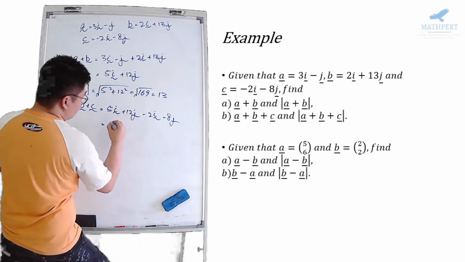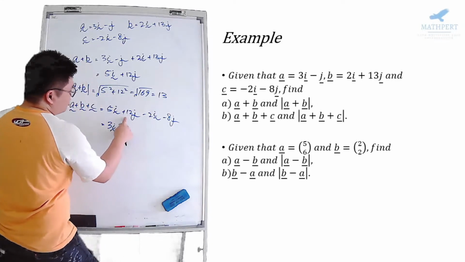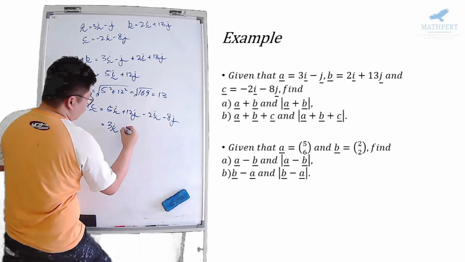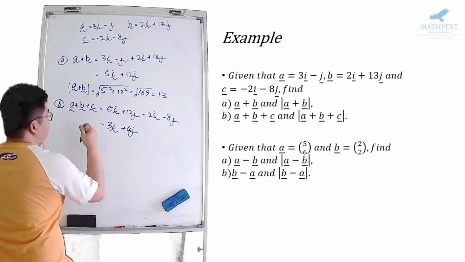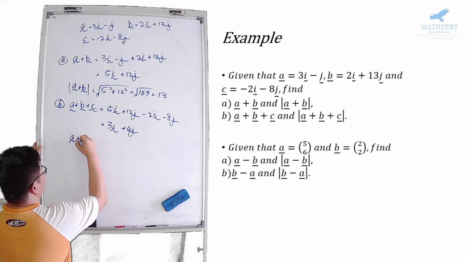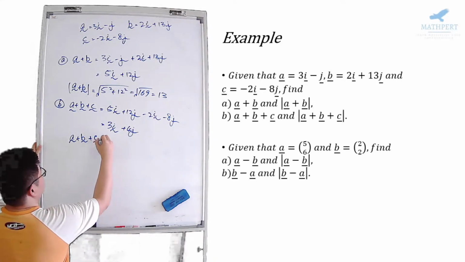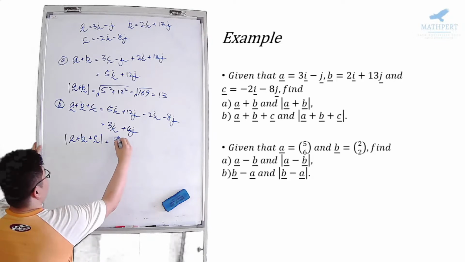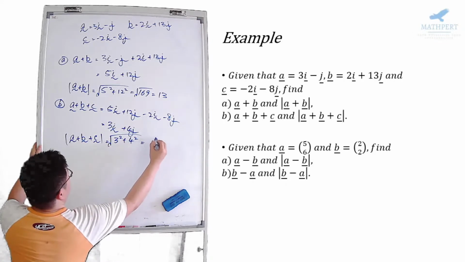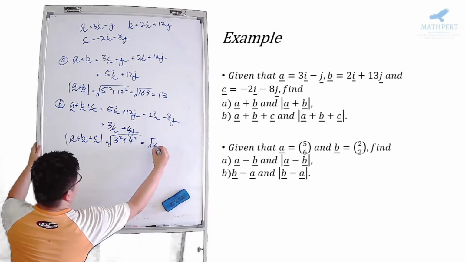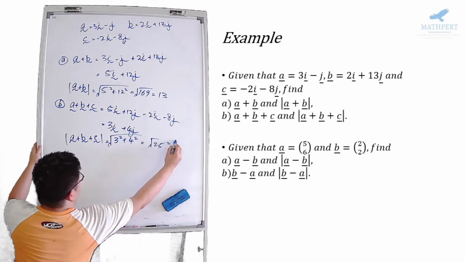So 5 minus 2 is 3i, and 12 minus 8 gives 4j. The magnitude of A plus B plus C will be the square root of 3 squared plus 4 squared, which is the square root of 25. This is 5.